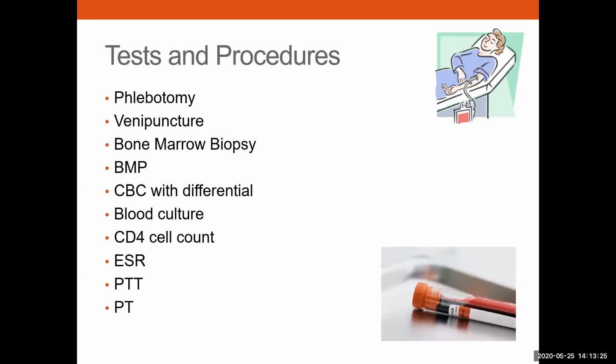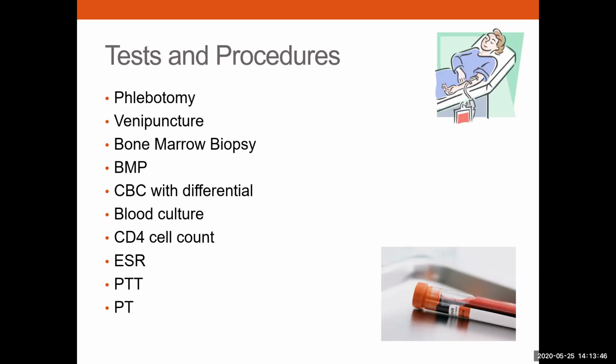Some of the tests or procedures that we see: phlebotomy refers to an incision into or puncture of a vein to withdraw blood for testing, often called venotomy. Venipuncture is an incision or puncture into the vein to withdraw blood for testing. It's just kind of puncturing.